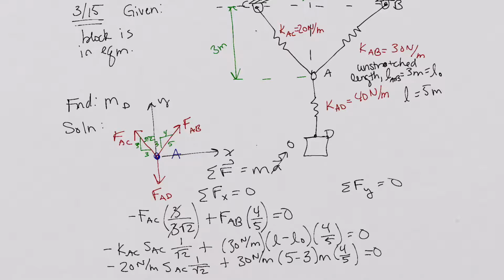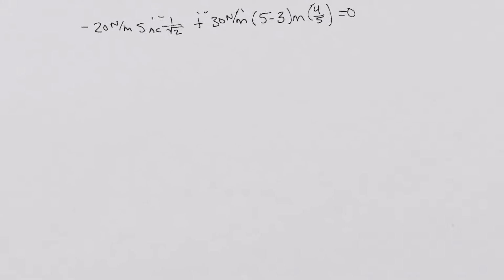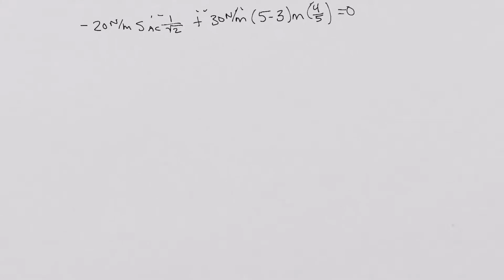I'm going to go to the next page. So now we have negative 20 over square root of 2 times that SAC.